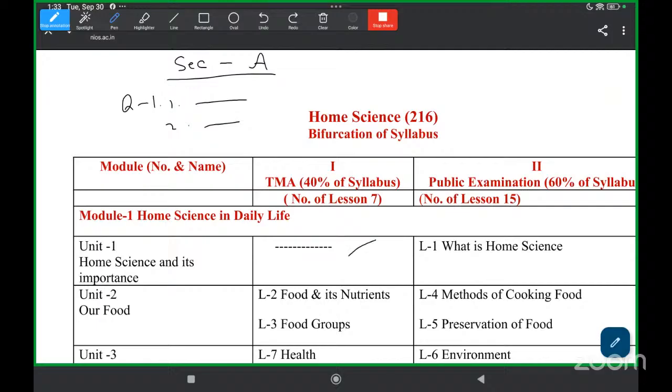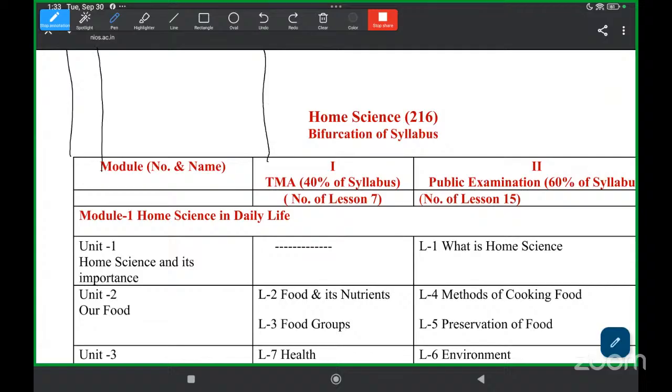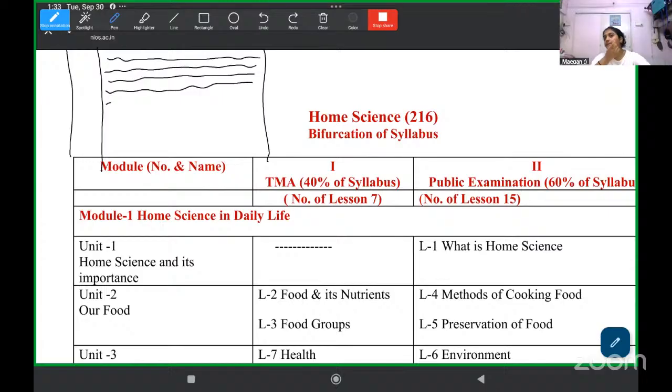Also, you can draw a line after each answer. Say I have written my answer here. This much is my page, this is my margin, and I have written my answer till here.